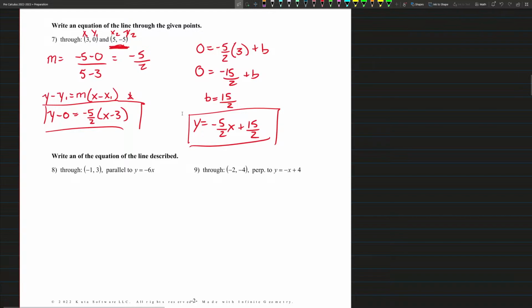Okay. Parallel and perpendicular. All right. Parallel lines have the same slope. Perpendicular lines have opposite reciprocal slopes.